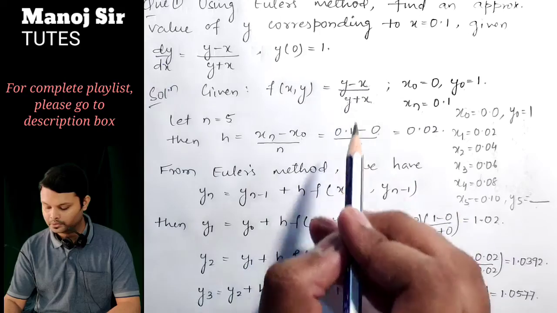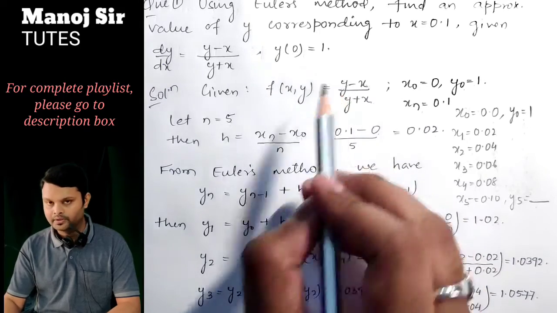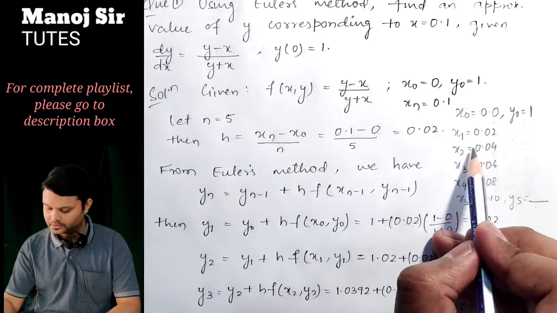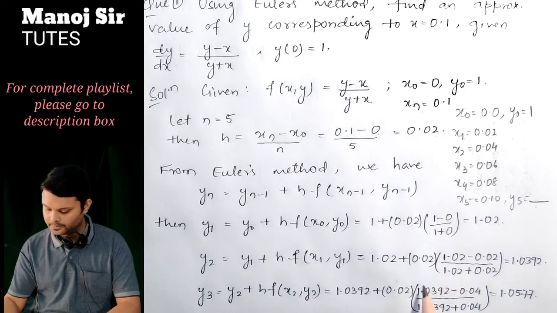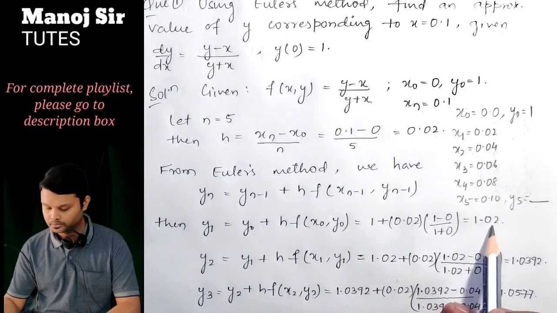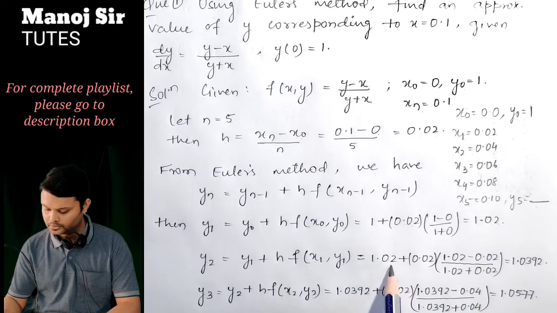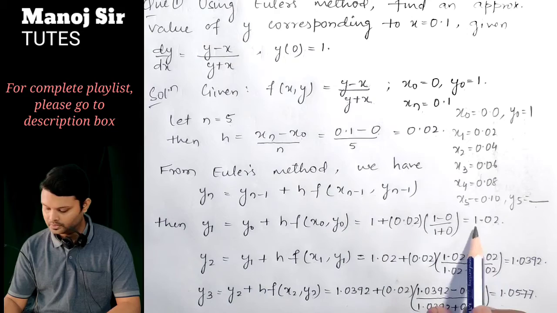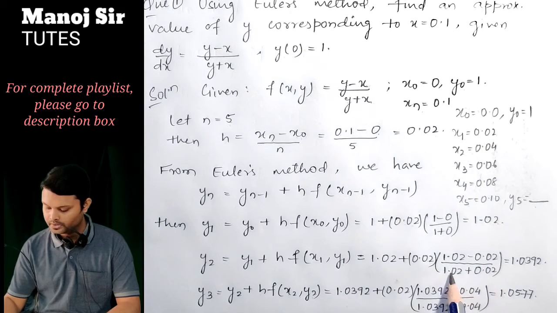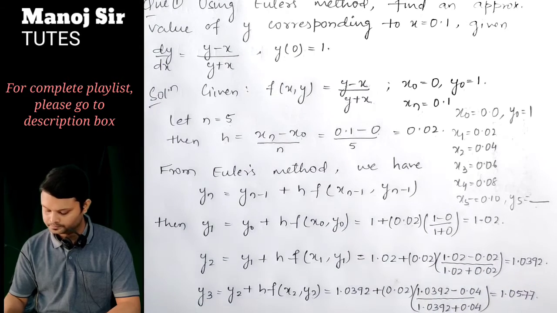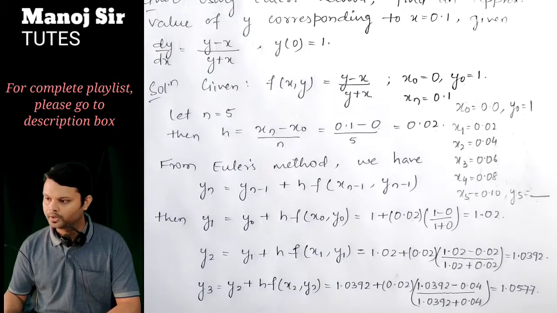In place of x we need to put x1, that is 0.02, and in place of y we need to put y1, that is 1.02. So this is 1.02 plus 0.02 into (1.02 minus 0.02) upon (1.02 plus 0.02), and that will be 1.0392.